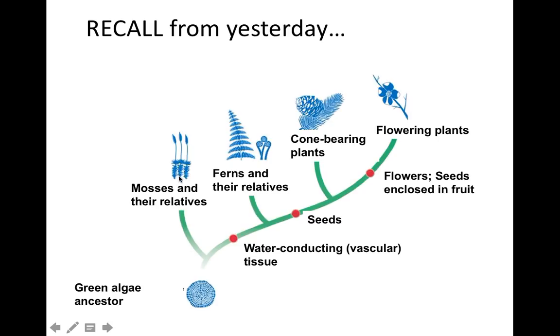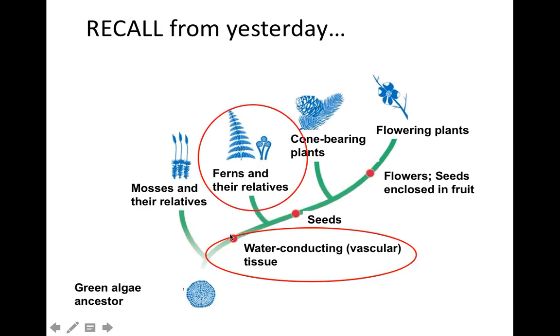These plants do have some unique things, like the use of spores for reproduction. We're going to see some of those similarities with the next group, but we're going to move on to the effects of this evolutionary trait, which is vascular tissue, and talk about the life cycle of ferns and their relatives.